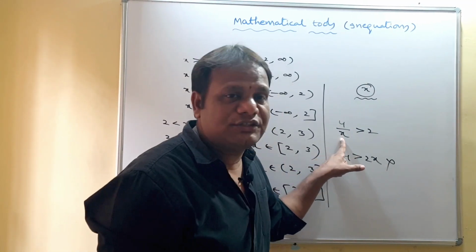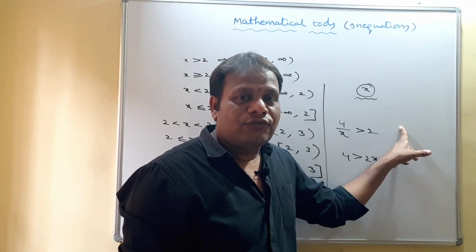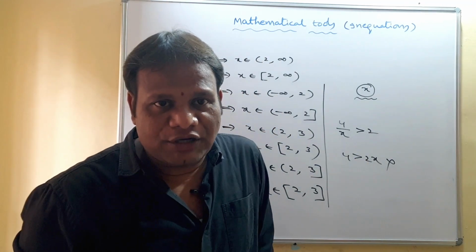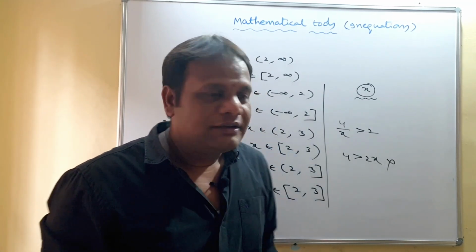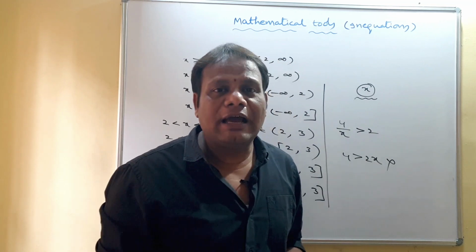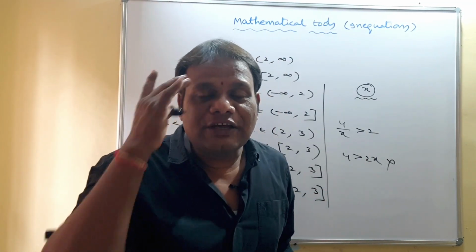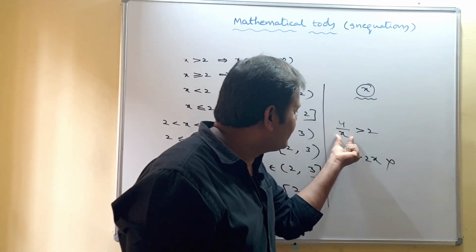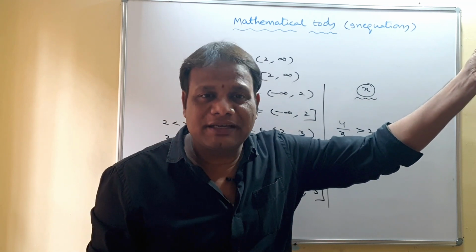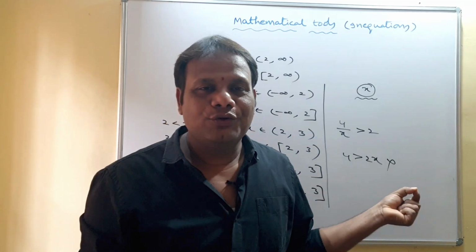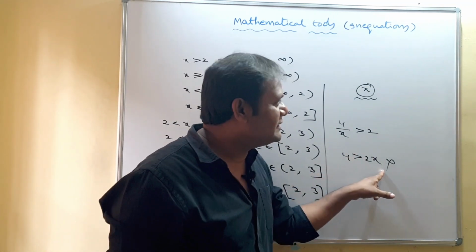Suppose x is positive, then if you multiply an inequation with a positive real number, there is no change in the inequation sign. Suppose x is negative, what will happen? You should change the inequation sign. So without having knowledge of the sign of x, how can you go for cross multiplication? It's not correct. I think you understand why this is wrong.